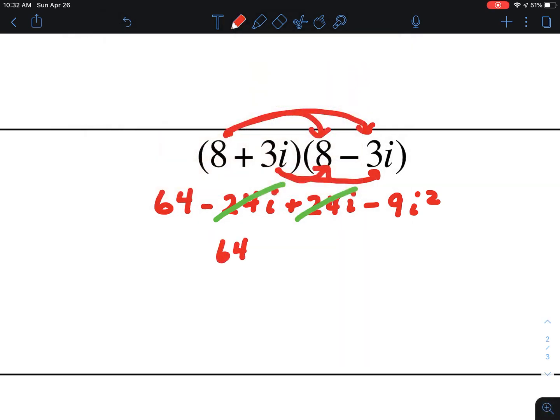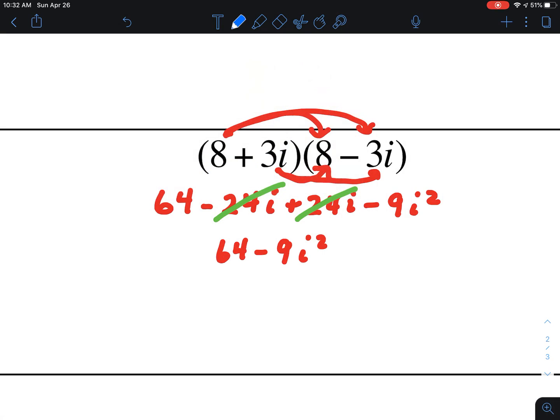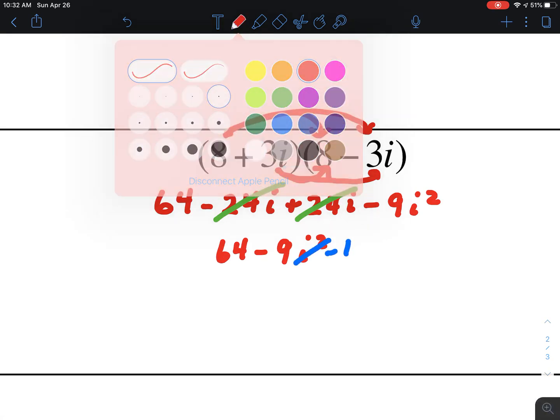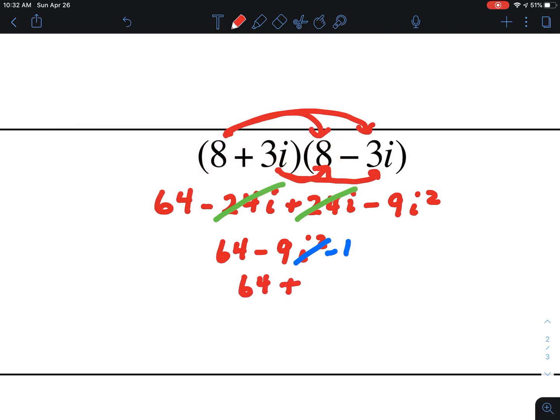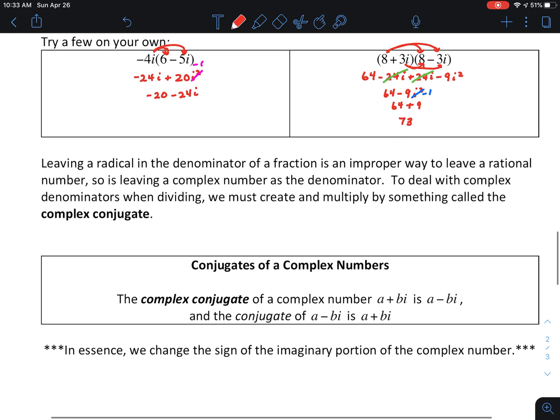So we get 64 minus 9i squared. Well, guess what? i squared is negative 1. So this becomes 64 plus 9, and 64 plus 9 is 73. Isn't that weird? So 8 plus 3i times 8 minus 3i is 73. Weird, but really, really interesting.